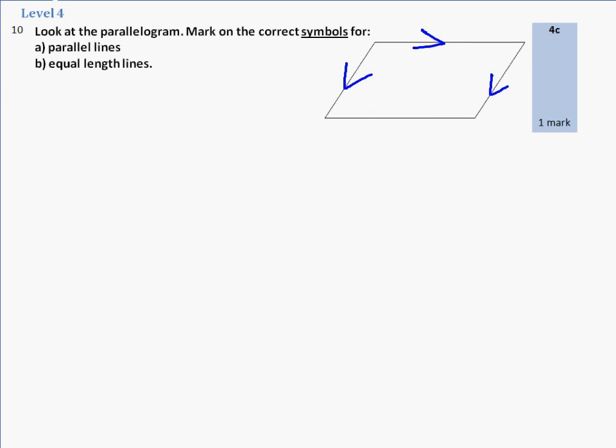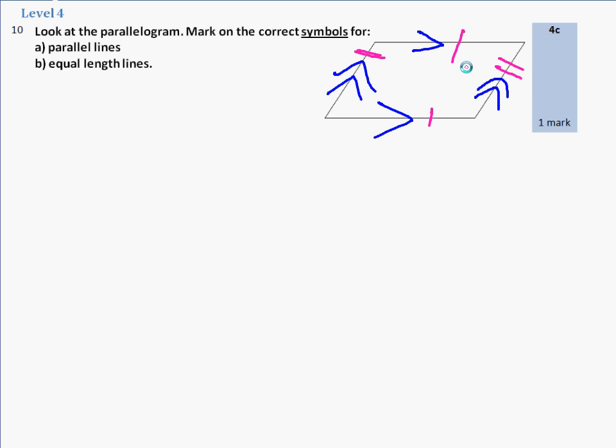And with the arrows, I wouldn't want to see the arrows going over the line like that, even if you try putting doubles. They need to be running in the same direction as the line, like that. And then the equal length lines go like this, something like that.